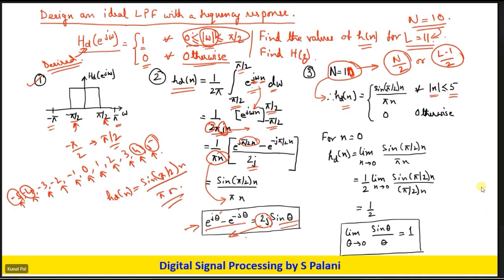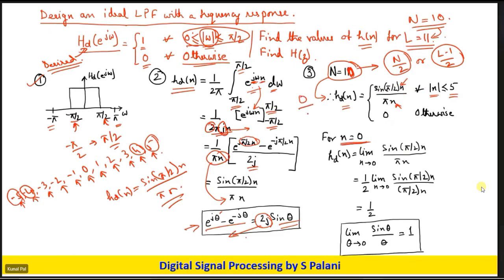Now, when we put n equals 0, what happens? The numerator has a value of n, and the denominator has a value of n. So sine 0 is 0 and the denominator also becomes 0.